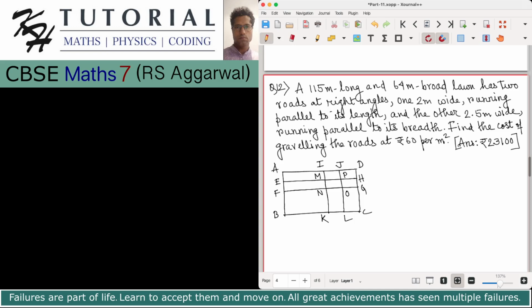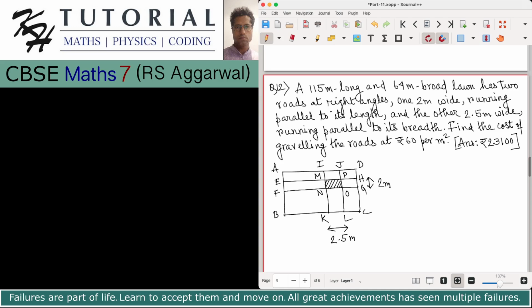Okay. So the width of the road running parallel to the length is 2 meter, and the width of the road running parallel to the breadth is 2.5 meter. Okay. So definitely this is the overlapping region, or overlapping rectangle that we need to subtract.